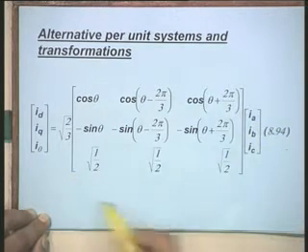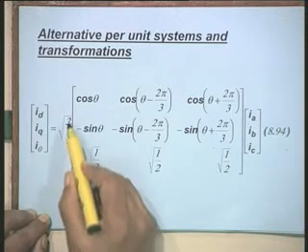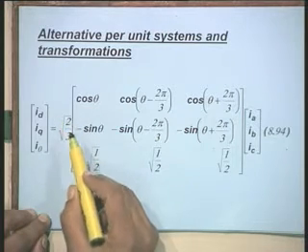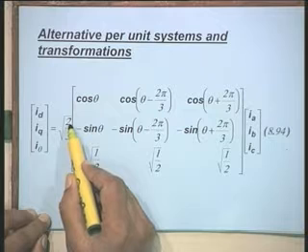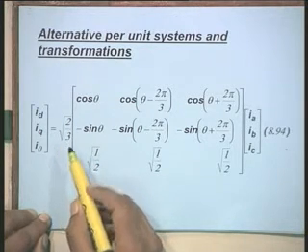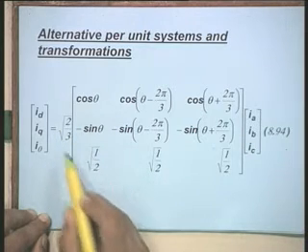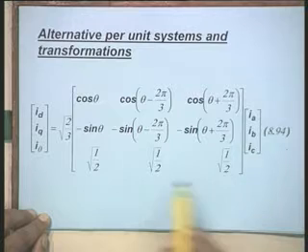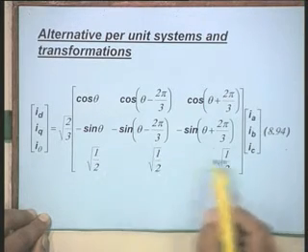The main difference is that in the DQO transformation which we use, KD and KQ were both taken equal to 2 by 3. Here they are taken as square root of 2 by 3, and correspondingly in the third row, instead of 1 by 2, it becomes square root of 1 by 2 and so on.